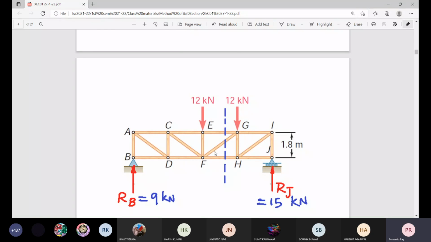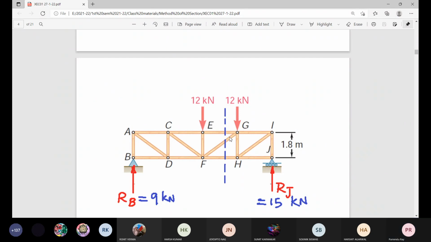Okay, if we go for this member FG inclined, what about other members? 12 kilonewton vertical, RJ vertical, FH horizontal. Now, if we want to eliminate this horizontal and this horizontal forces, naturally we need to consider sigma Fy is equal to 0. In that sigma Fy = 0, RJ minus 12 minus this force SFG multiplied by sine of that angle made with the horizontal.